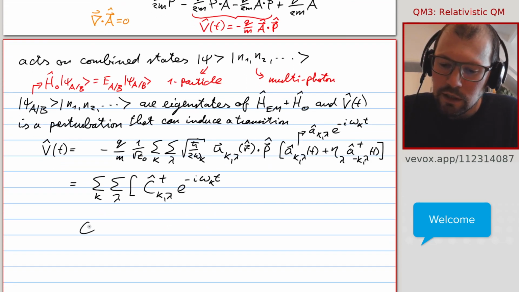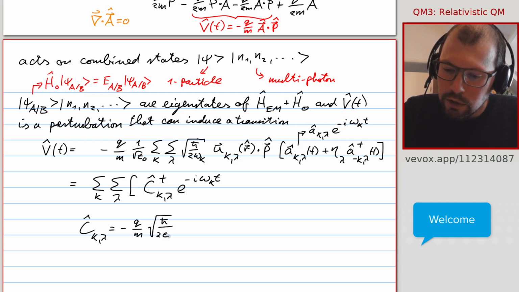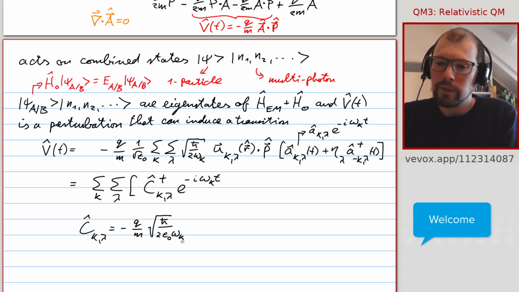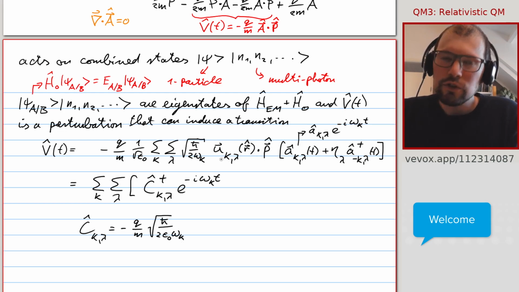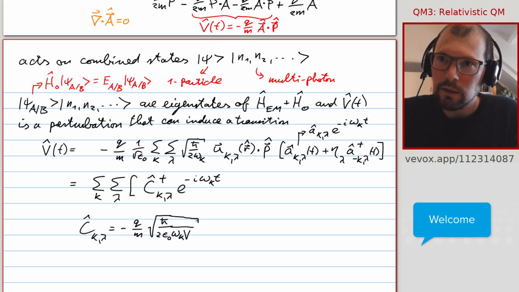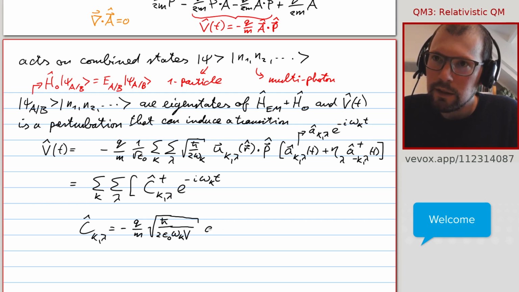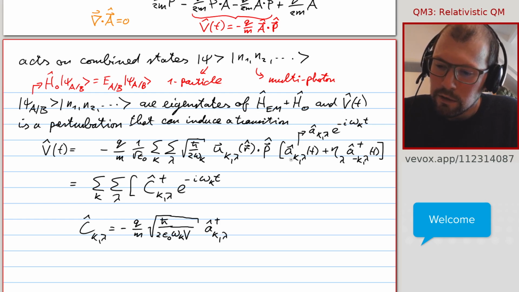So that means that, what is C here? So we have the minus q over m. We also have these factors, so h bar over 2 epsilon 0 omega k. There was also a 1 over square root of V in the Fourier component for normalization reasons. So let's also put it there. Then I have the a dagger from here.